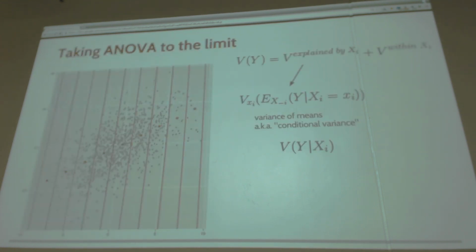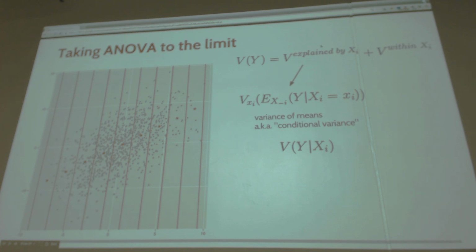Now just one more thing. This thing is called conditional expectation. It's a function that tells you the expectation of y given a particular value of x.